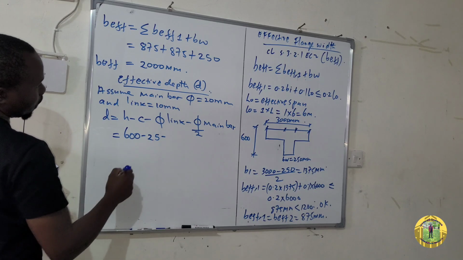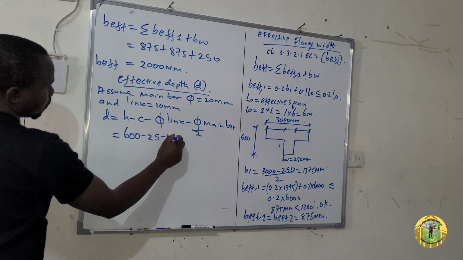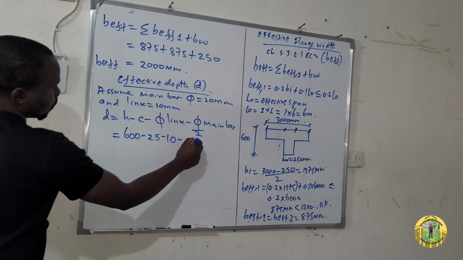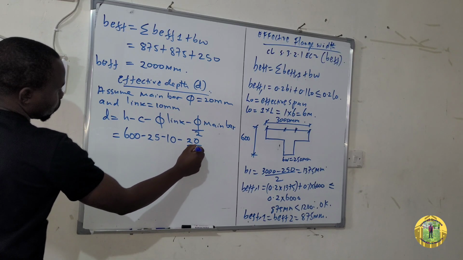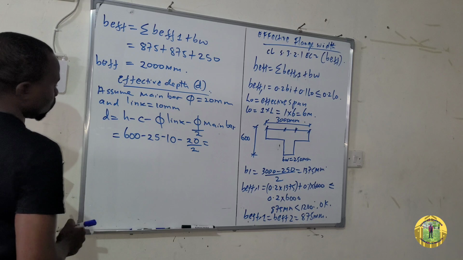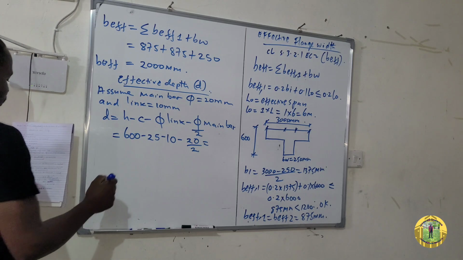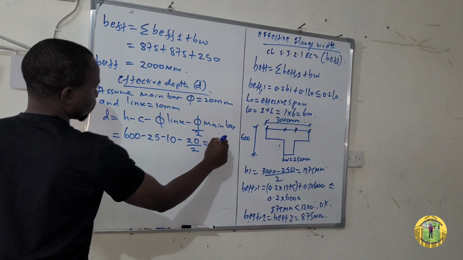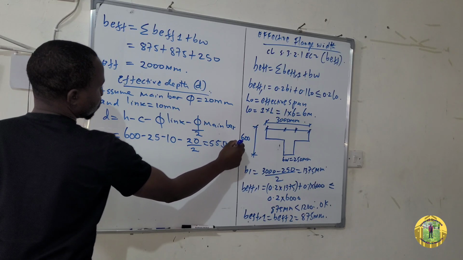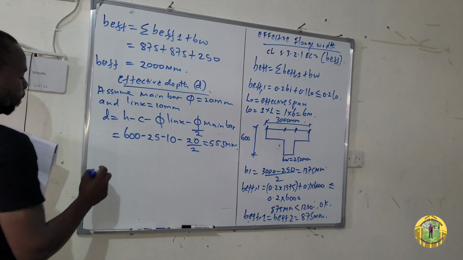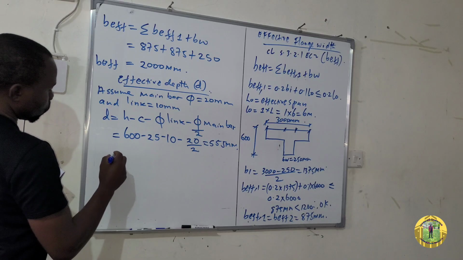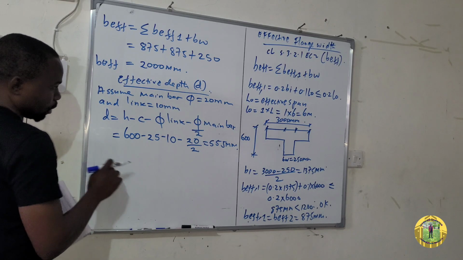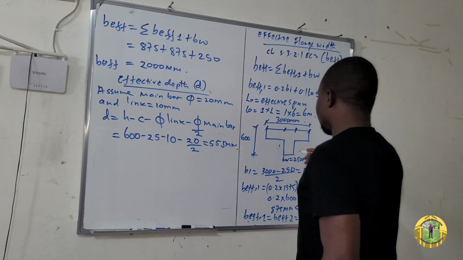And a diameter of link, which is 10, minus main bar, which is 20 all over 2. So the answer is 555 millimeters.